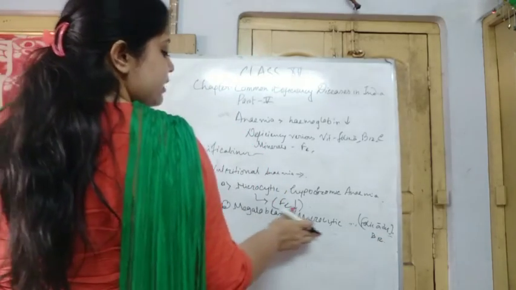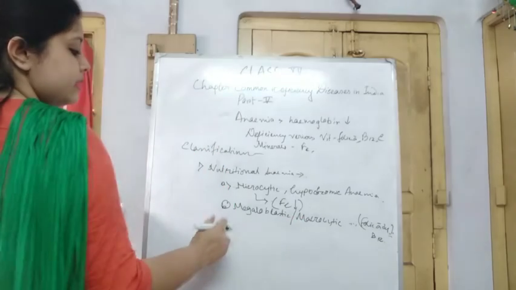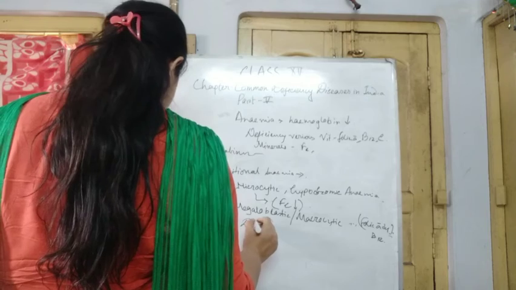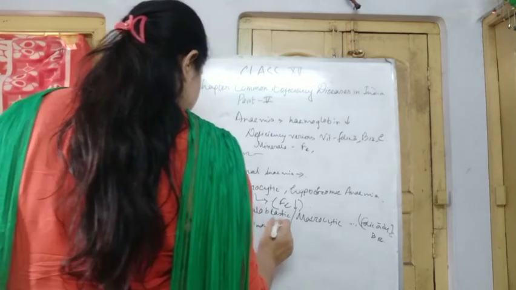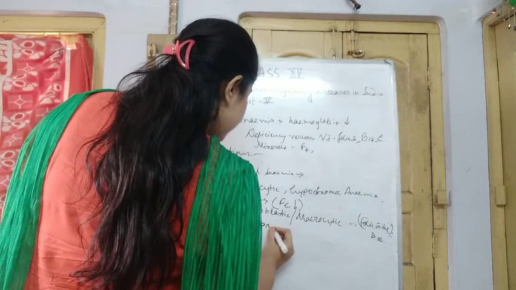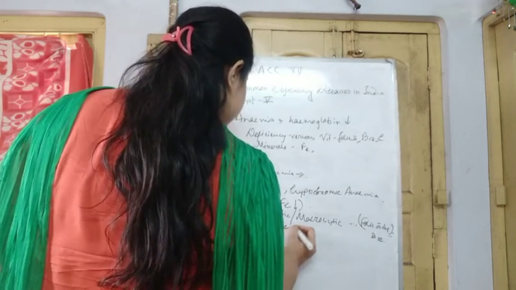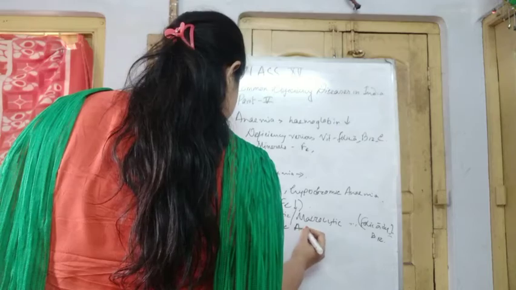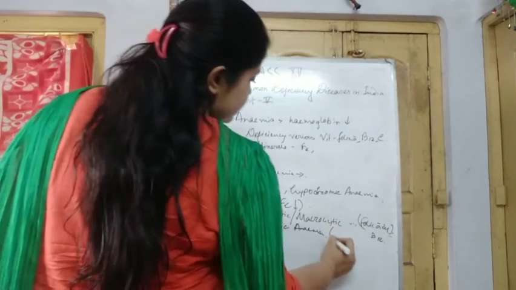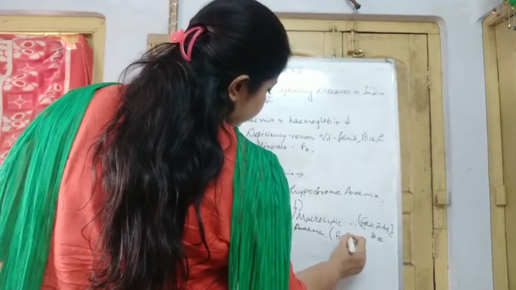So it is mainly the deficiency of the vitamins. Now the third can be dimorphic anemia. The reason behind this is always B12.